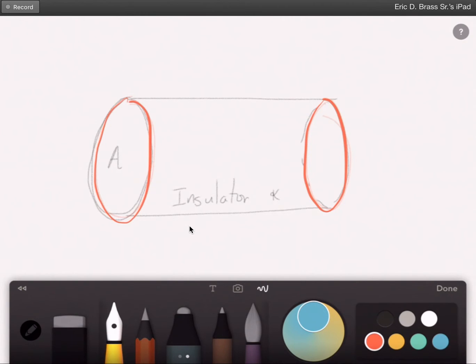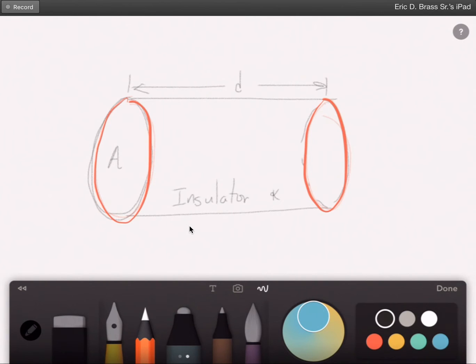And the material in between is some insulator that we're choosing. It could be rubber, it could be air. Air is an insulator. Okay. The other thing that we want to consider is the distance of separation between the two plates. And the distance of separation looks like this, D.